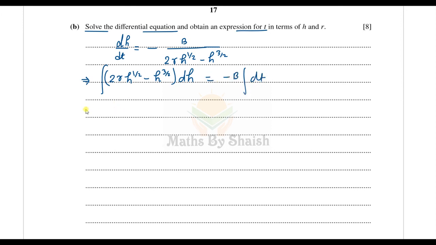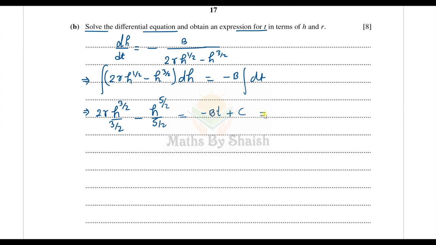So which can be written as, 2r as it is, h to the power 1 by 2 plus 1, that is 3 by 2 over 3 by 2, minus h to the power 3 by 2 plus 1, that is 5 by 2 over 5 by 2, is equal to minus b times t plus c.